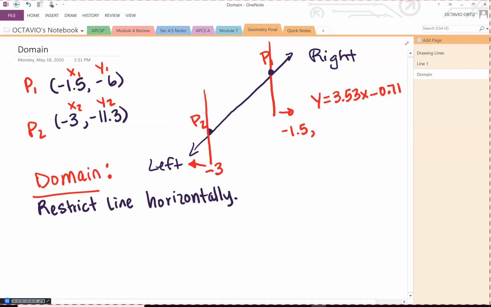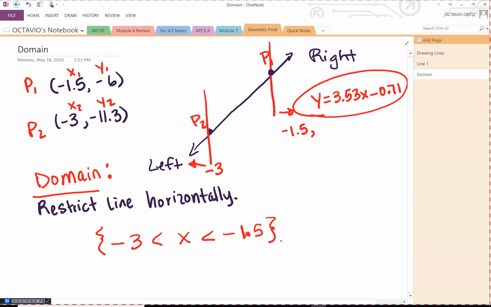And so when we say that we do want the line, we want it to start at negative 3, and we want that to be x greater than negative 3 and less than negative 1.5. I'm going to put this in curly braces, like that. This is what we call the domain.